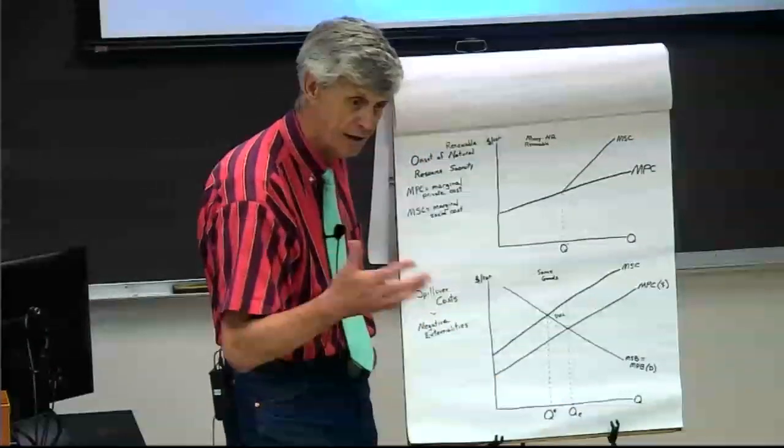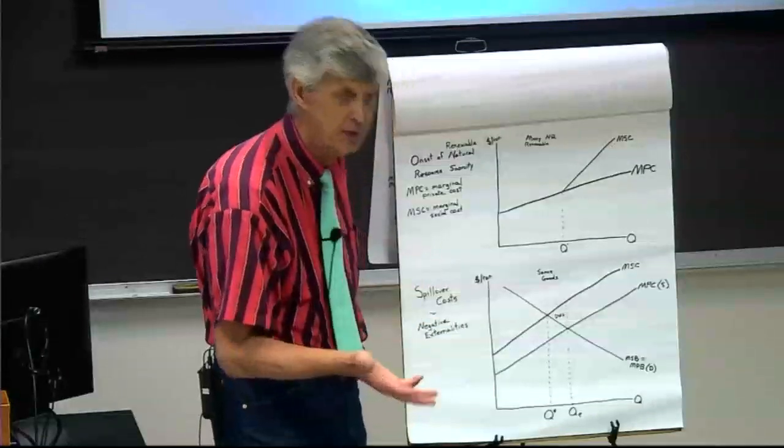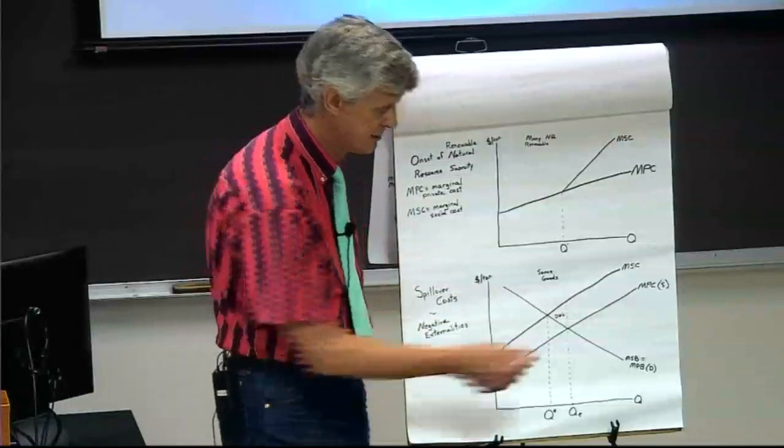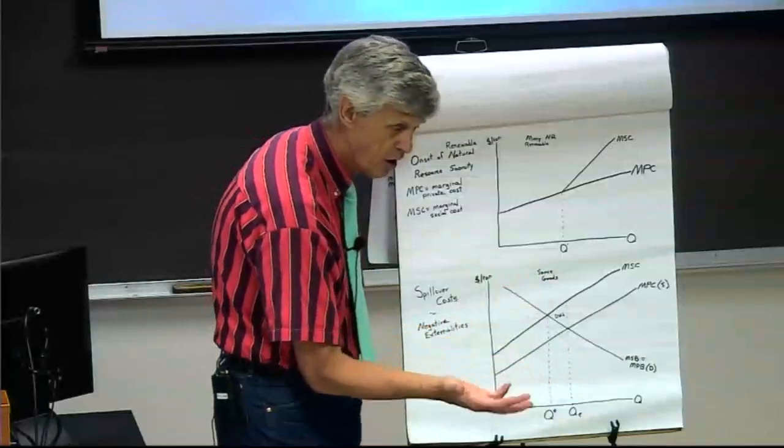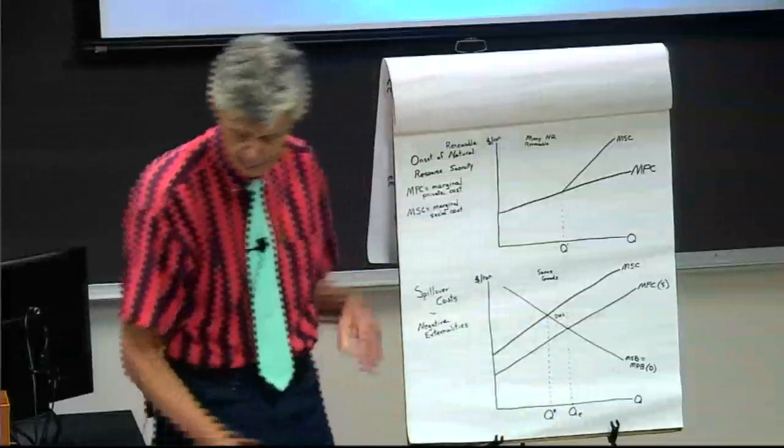In other words, we want the equilibrium outcome of people making decisions with freedom, but with complete prices, right? Prices that account for all the costs, to be at Q star rather than at Q sub E.